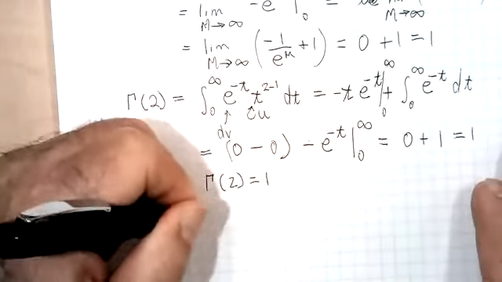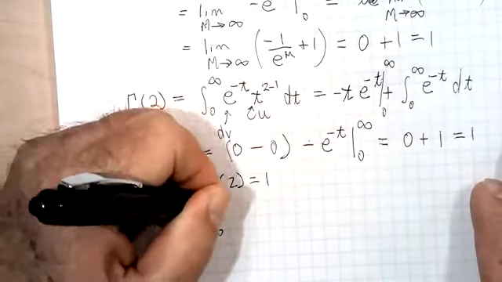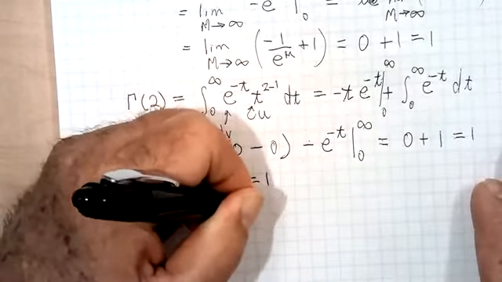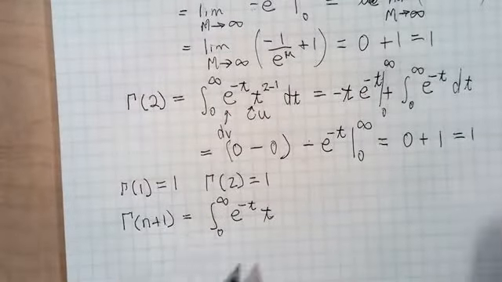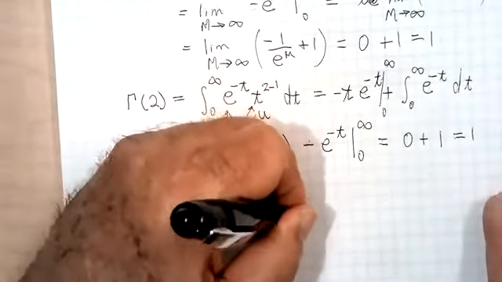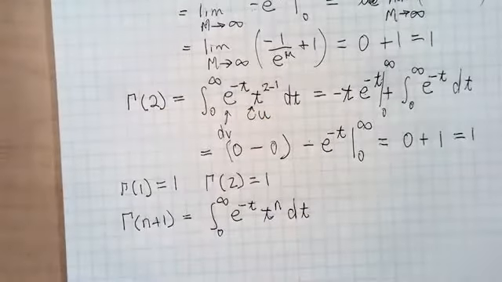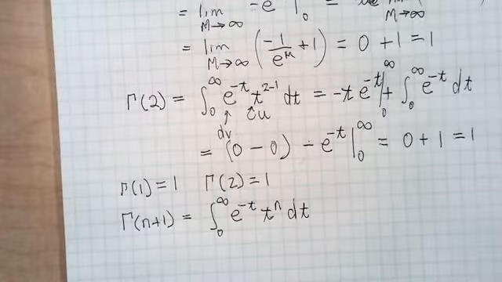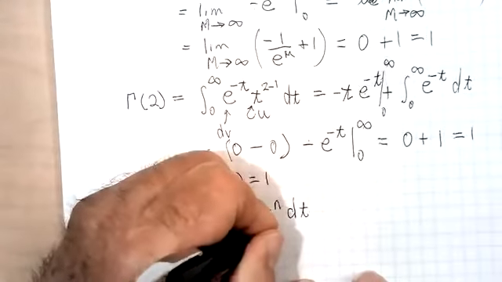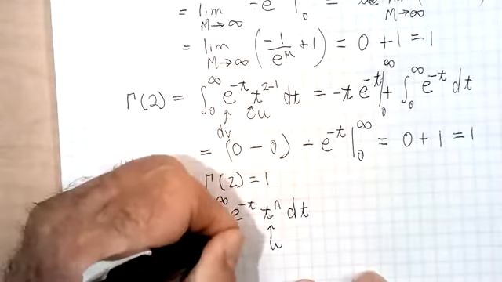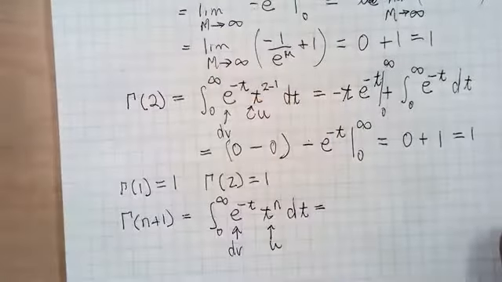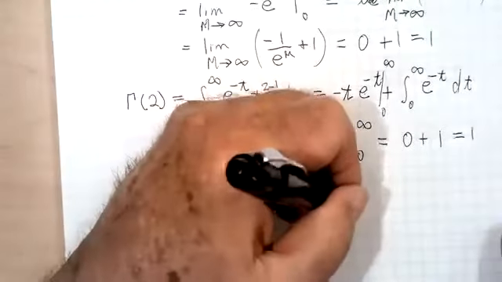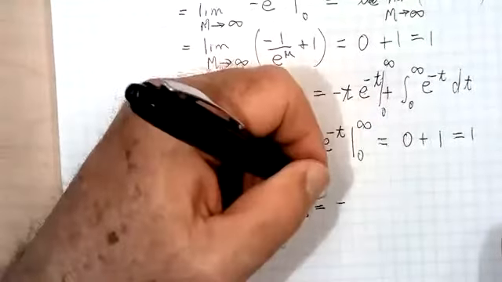Okay, well, its definition is integrate from 0 to infinity, e to the minus t, t to the n plus 1 minus 1, so that'll be n. And then, were we in calculus, we would say, hey, that looks like integration by parts. That's the u part, that's the dv part. So you want a uv, so minus e to the minus t.